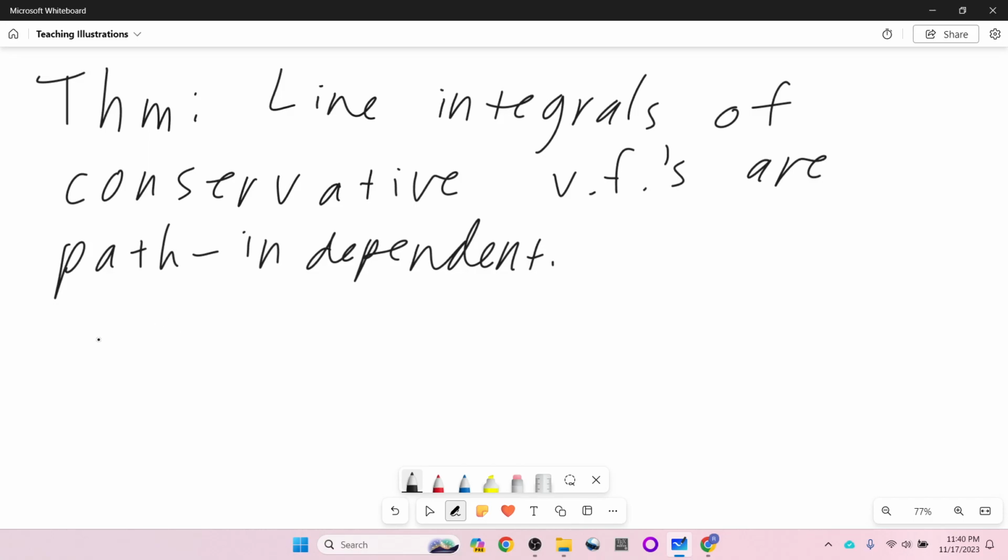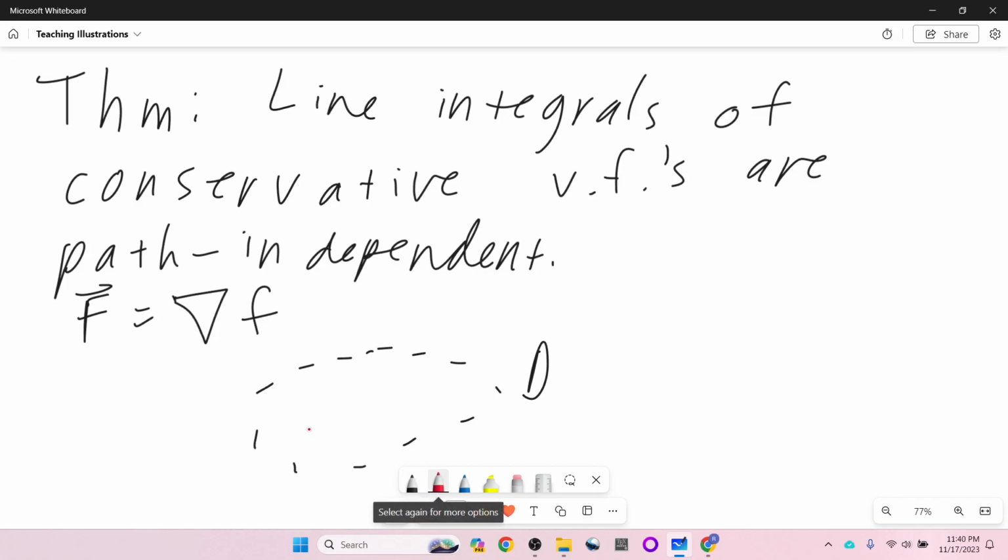So just as a refresher, that means that we have some domain D, and on it we have F equal to the gradient of some little f. If it's possible to write F as the gradient of some little f, then that's going to be the case. So we can show that using the chain rule.